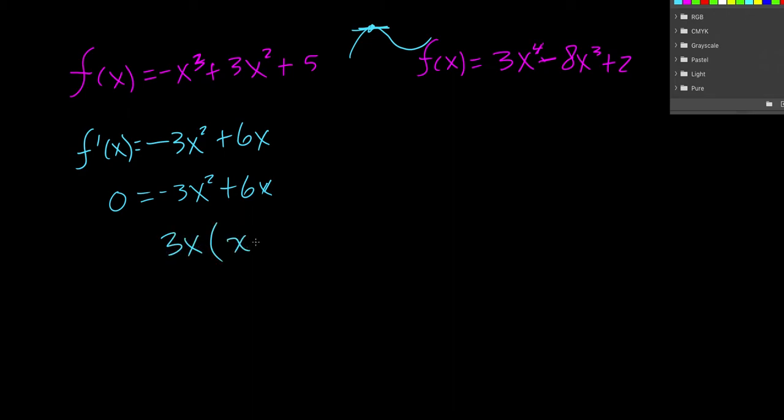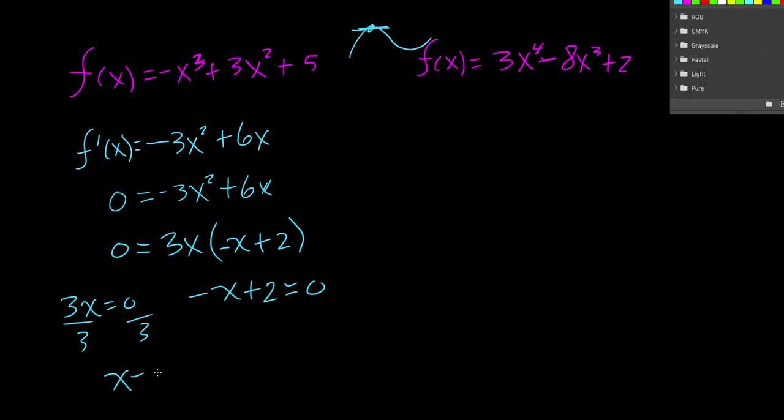So that's just x plus 2 that's left over, -x actually. Then we set each of these equal to 0. So 3x equals 0, -x plus 2 equals 0, divided by 3, so x equals 0, and I'll just add x to both sides, and then 2 equals x.